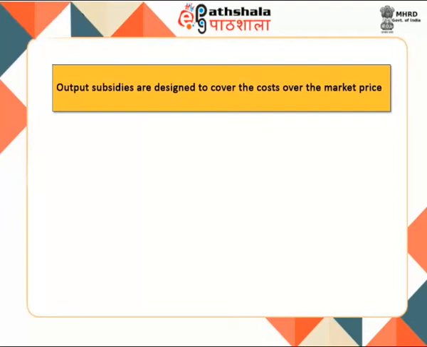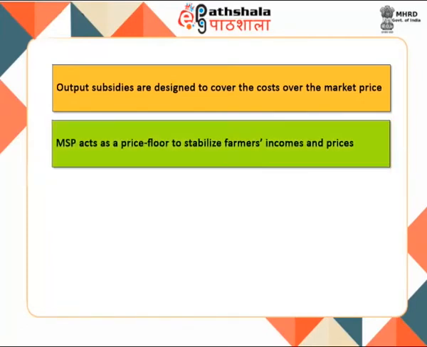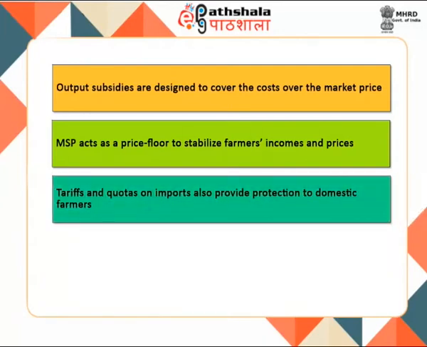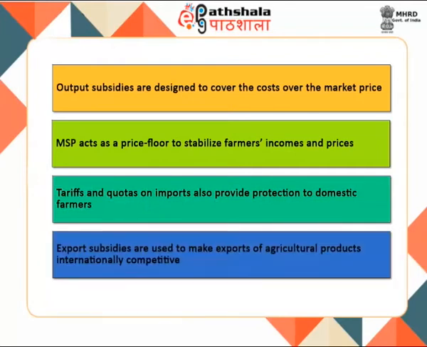Output subsidies are designed to cover the cost over the market price. This includes MSP, which acts as a price floor to stabilize farmers' incomes and prices. Tariffs and quotas on imports also provide protection to domestic farmers. Export subsidies are used to make exports of agricultural products internationally competitive.